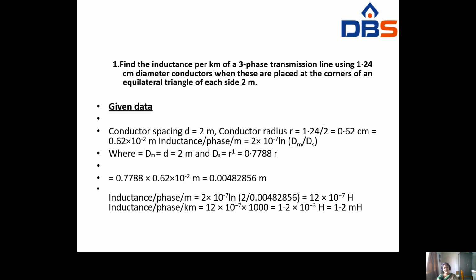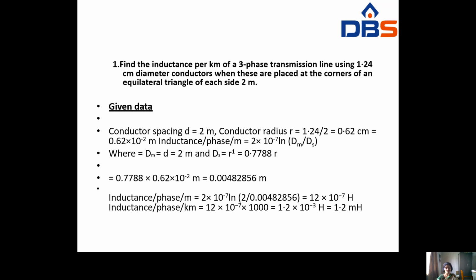First, find the inductance per kilometer of a three-phase transmission line using 1.24 centimeters diameter conductors when these are placed at the corners of an equilateral triangle of each side of 2 meters.